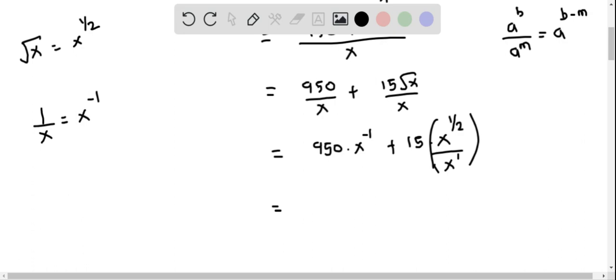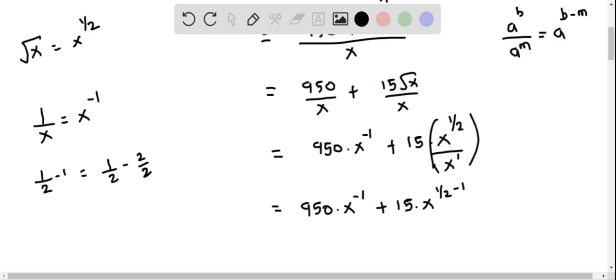Therefore we have 950 times x raised to the power of negative 1 plus 15 times x raised to the power of 1 by 2 minus 1. And 1 by 2 minus 1 equals 1 by 2 minus 2 by 2, since I write 1 as 2 by 2. This equals 1 minus 2 by 2, which equals negative half.